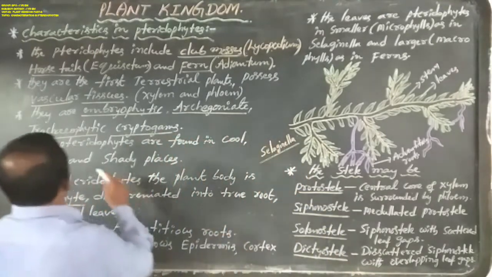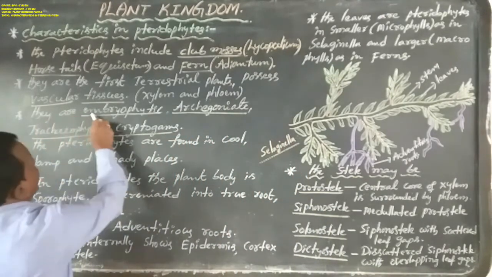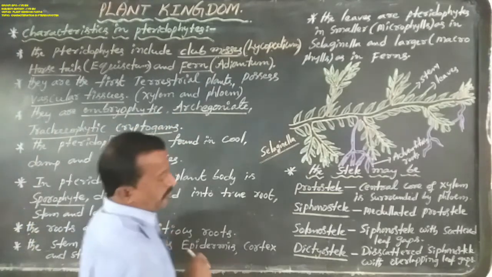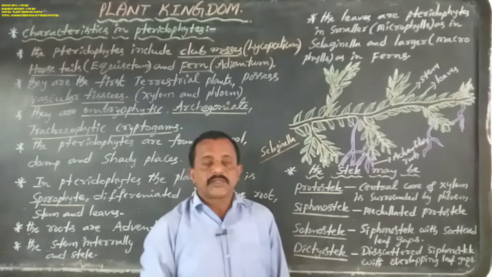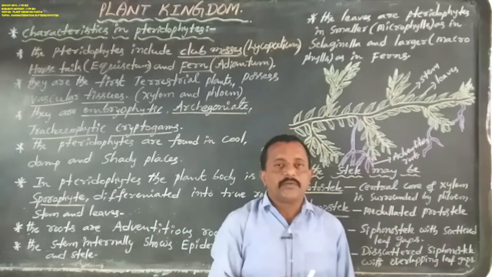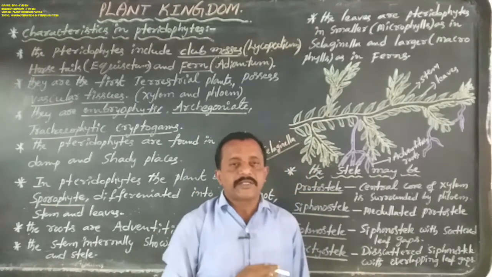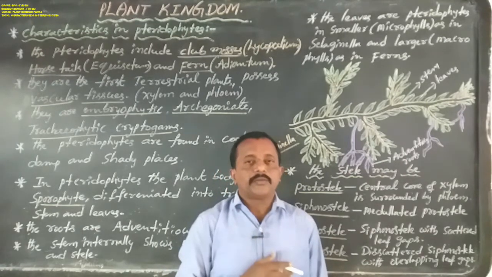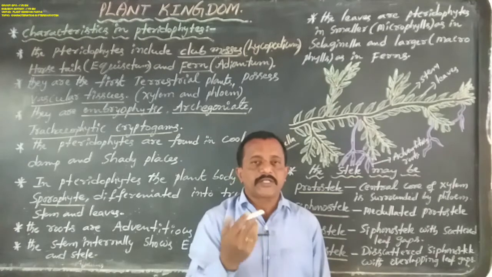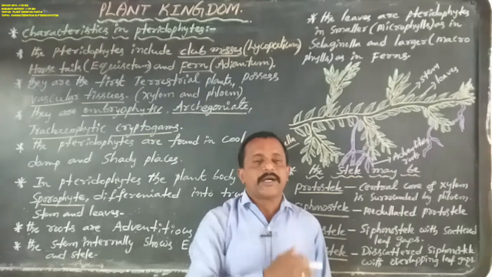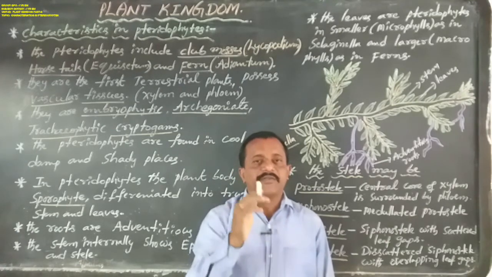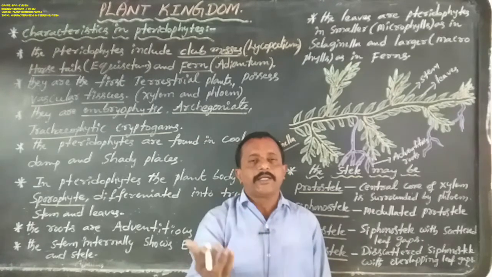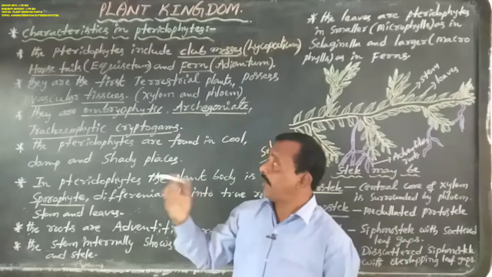Next, they are embryophytic, archegoniate, tracheophytic, cryptogams. The first embryo developed in bryophytes. Embryos appear in bryophytes, pteridophytes, gymnosperms and angiosperms, but not in algae and fungi.